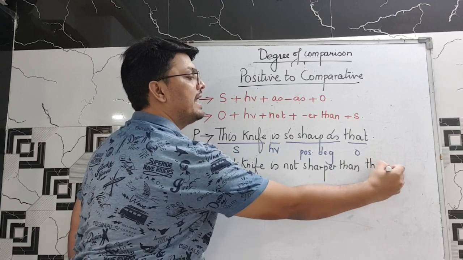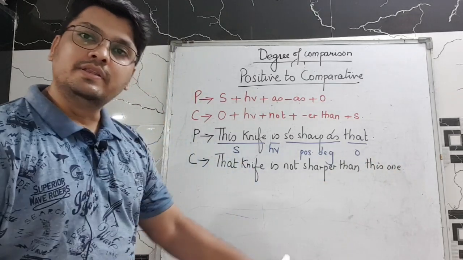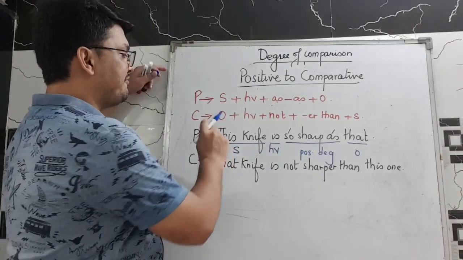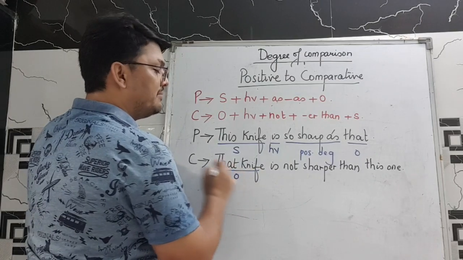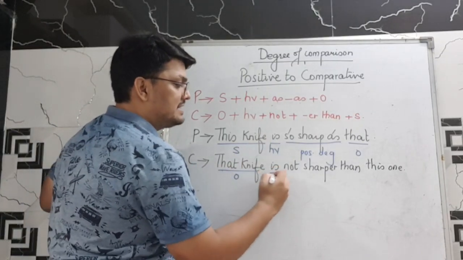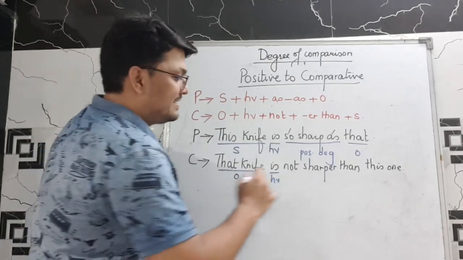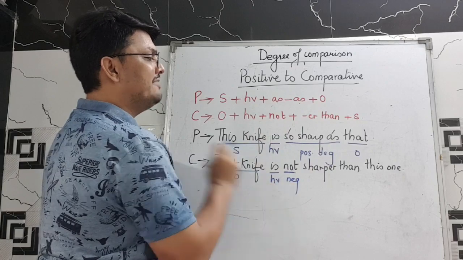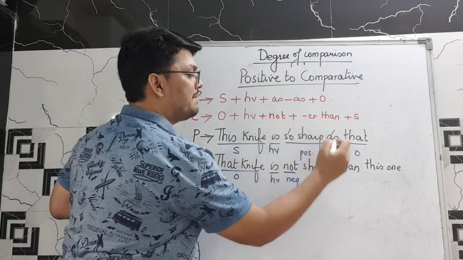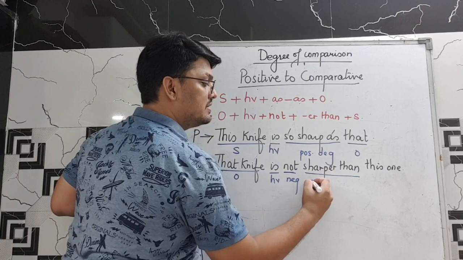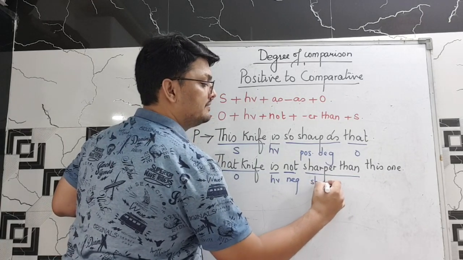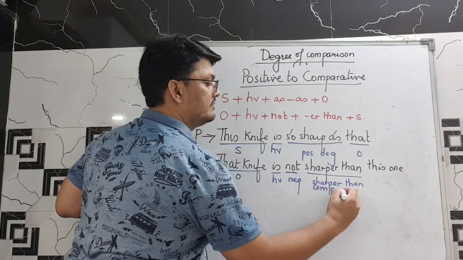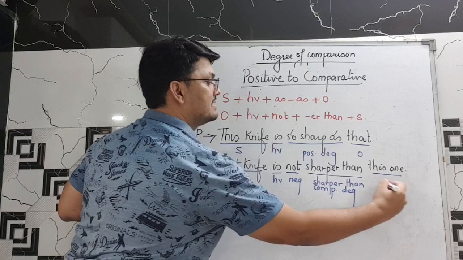Don't write knife two times. Have we followed the structure? Yes, we have followed. That knife, object, is helping verb. We've used negative, as the structure says. Then so sharp as became sharper than, which means comparative degree. And this is my subject.